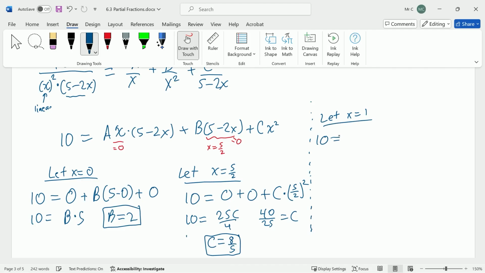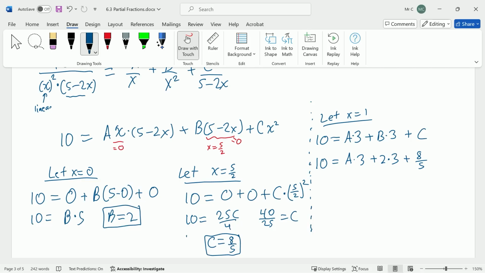I get 10 equals a times 1 times 5 minus 2, so that's times 3, plus b times 5 minus 2, so that's going to be 3, plus c times 1. And I already know the values for b and c, so I get 10 is a times 3, plus 2 times 3, plus 8/5.